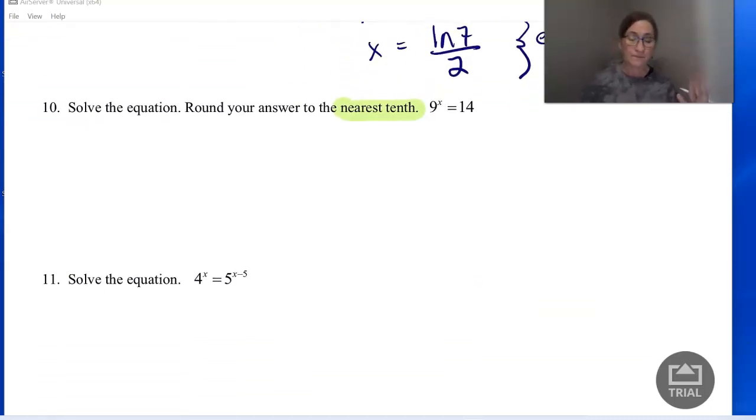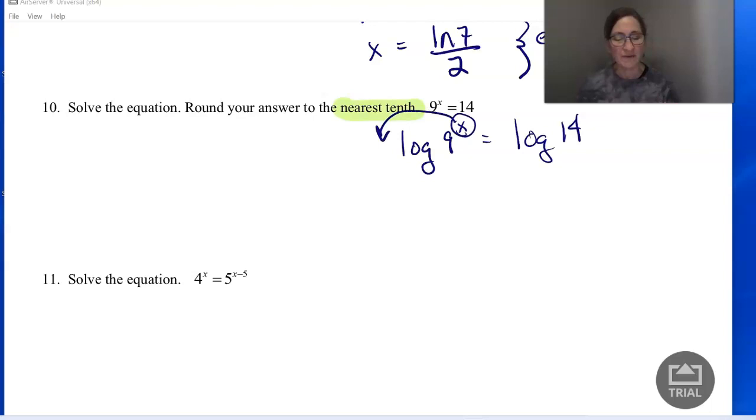All right, so let's solve this equation. Because this one has numbers in exponential form, but no natural logs, or no e's, I'm going to take the log of both sides. So I'm going to take the log of 9 to the x equals log of 14. I'm going to take this x, put it out front.